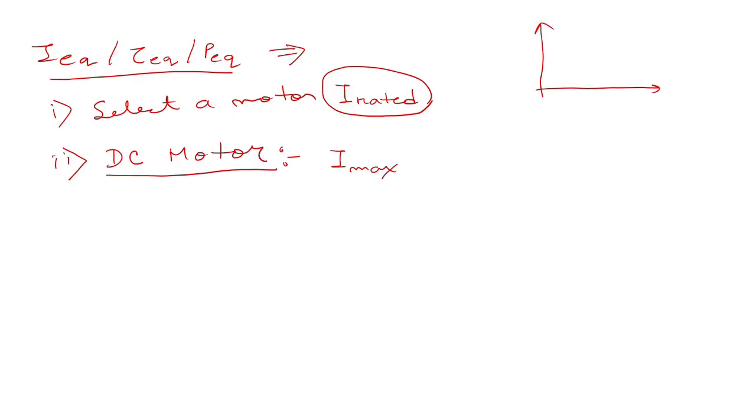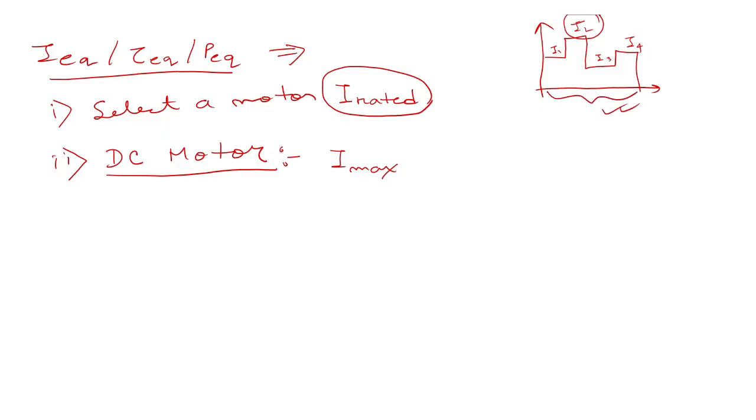In the previous slide we have seen that, suppose this is the load profile of a motor. This one is I1, I2, I3 and I4. From the load profile you can see that I2 is the maximum load that the motor will carry during this period.